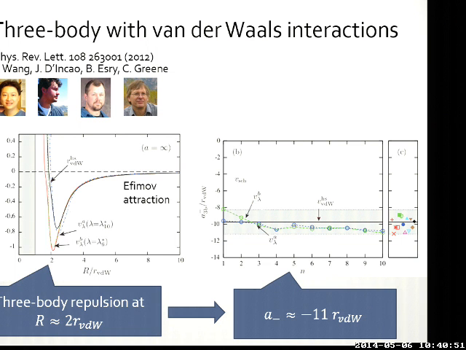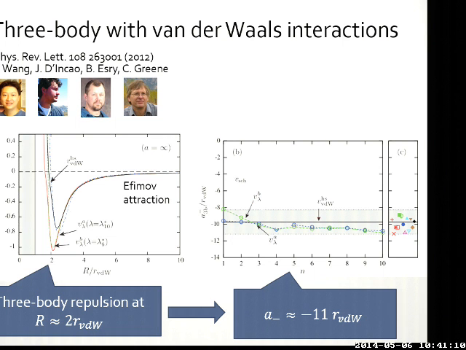The consequence is that the three-body parameter is set as a function of the van der Waals length, and it turns out to be for many potentials around -11 times the van der Waals length, which is consistent with the observations.